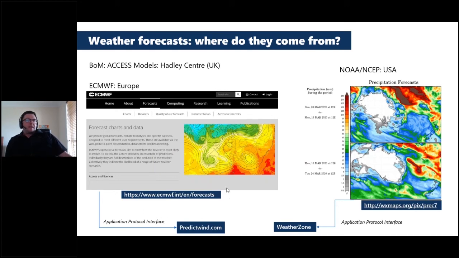If you're using something like Willy Wind or Predict Wind and a few others, it's actually model output coming from Europe. So what actually happens is that the app provider, the front end party, pays for a subscription through a piece of technology called an application protocol interface.